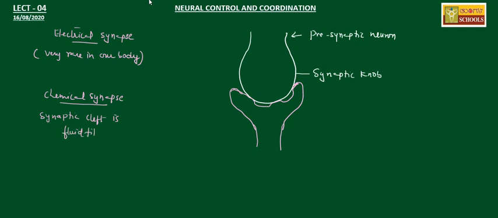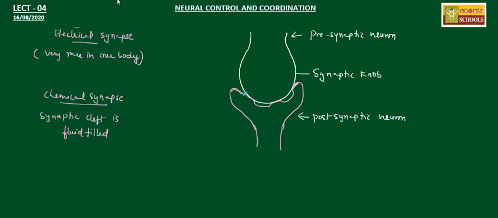In this case you don't find any fluid between the presynaptic neuron membrane and the postsynaptic neuron membrane. The membranes of these two will show gap junctions.